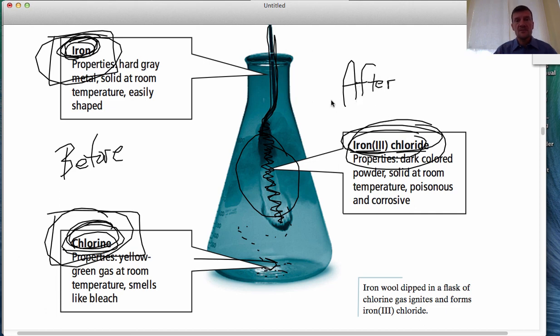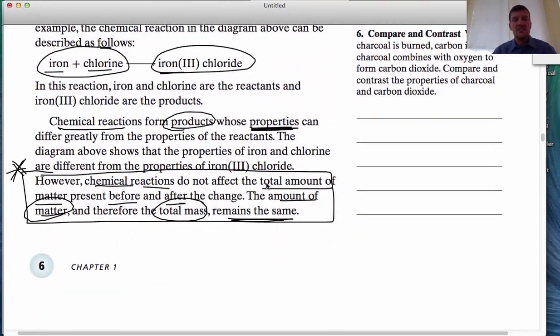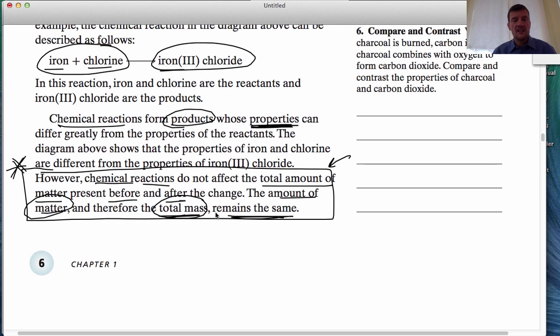So the total mass before and the total mass after is always going to be the same. You're never going to be able to create mass or destroy mass from a chemical reaction. Okay? So that's conservation of mass, and that is consistent, and it is a very important part of chemistry. Okay? The total mass remains the same in any reaction.